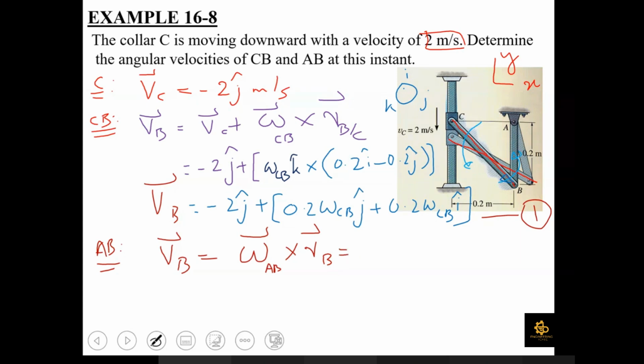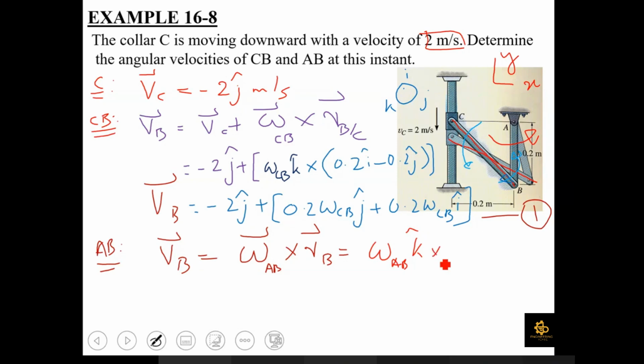As far as the vector form of this omega is concerned, if the collar is coming downwards, in which direction will link AB be moving? Right side. So this link AB would be traveling towards the right side. In other words, the angular velocity of this link is going to be in a counterclockwise direction. So omega AB vector can be written as omega AB K. Is it clear to all of you?